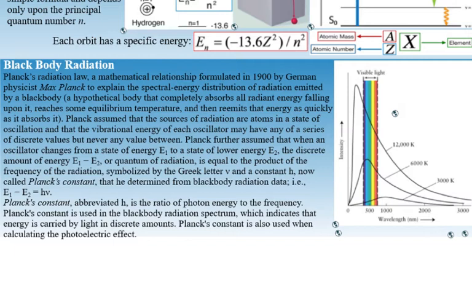In the graph that you see, you have blackbody curves of several different temperatures, and the characteristics of the blackbody radiation can be described in terms of several laws.